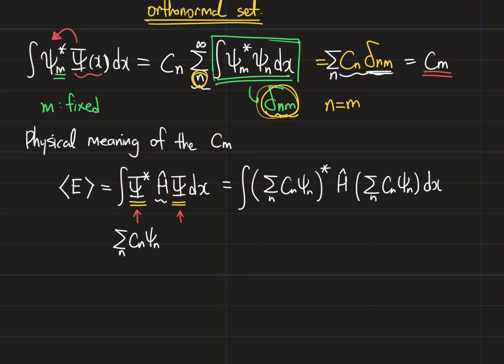Actually, I don't really have to use the same index for these two summations. So let's say for the second summation, the index is m.